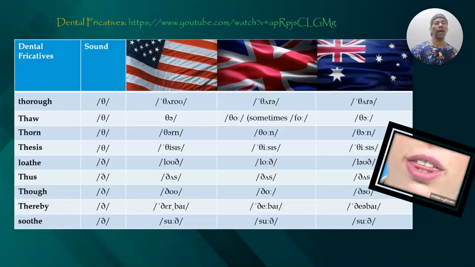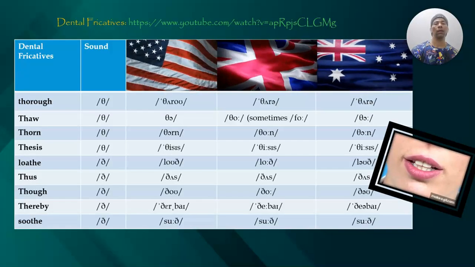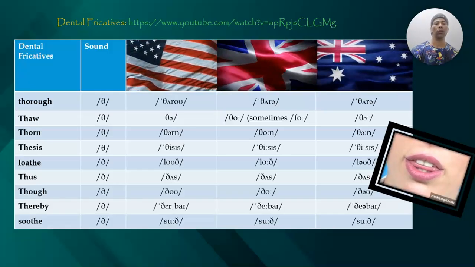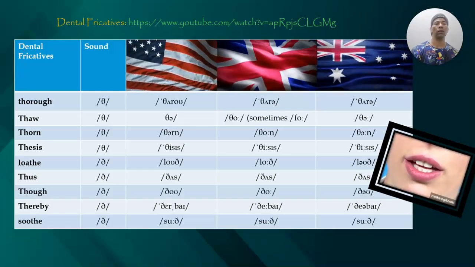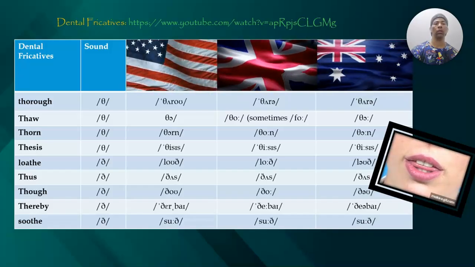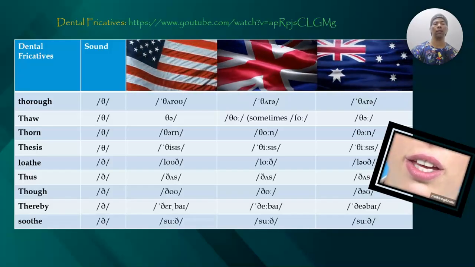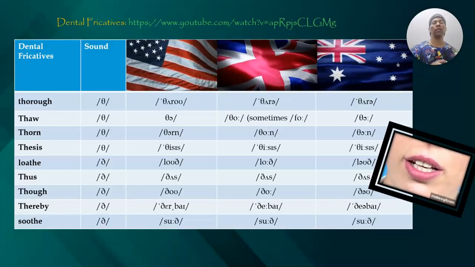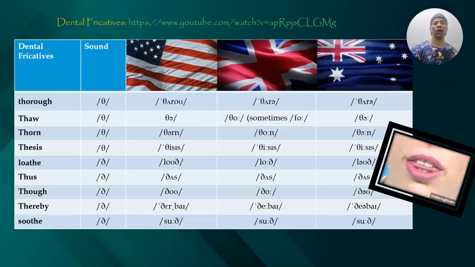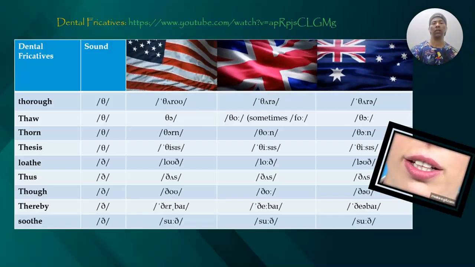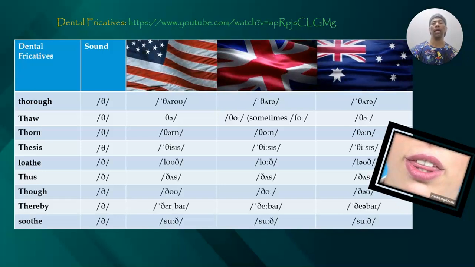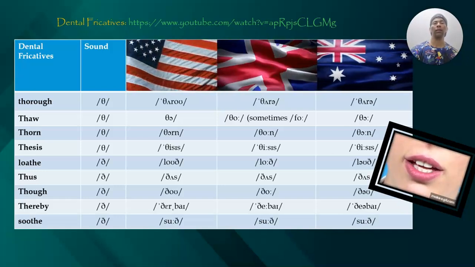So, in this case, we would sound thorough, thaw, thorn, thesis. Now, in American English, thorough, British, thorough, in Australian, thorough.